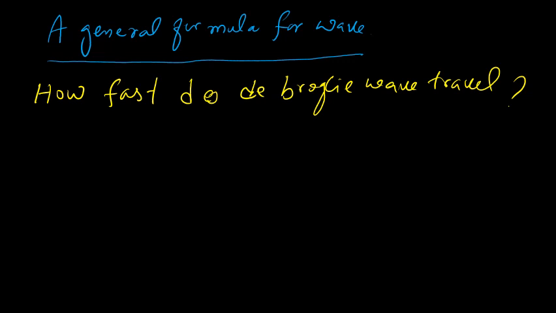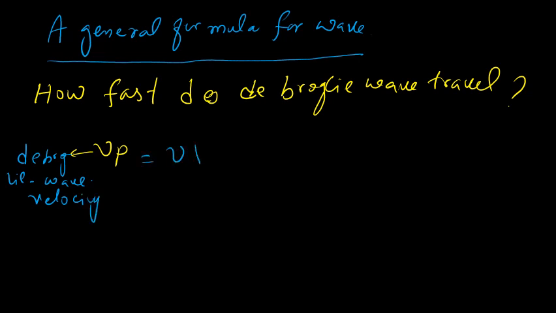If we call the de Broglie velocity Vp, known as the de Broglie wave velocity, it is equal to mu lambda. Lambda is the de Broglie wavelength, and we know that lambda is equal to h over mv, alternatively h over p.